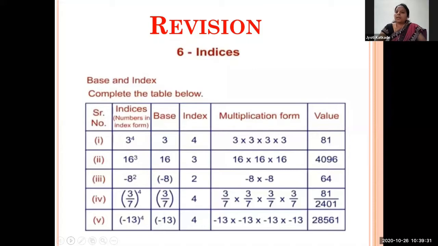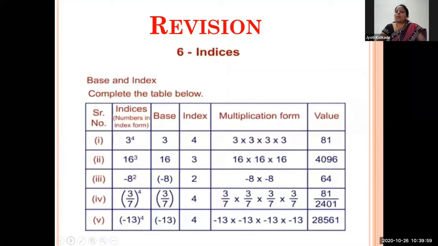So take multiplication of the base 4 times: 3 upon 7 into 3 upon 7 into 3 upon 7 and into 3 upon 7. There is 4 times multiplication of the base.